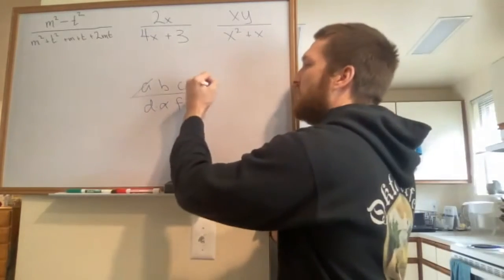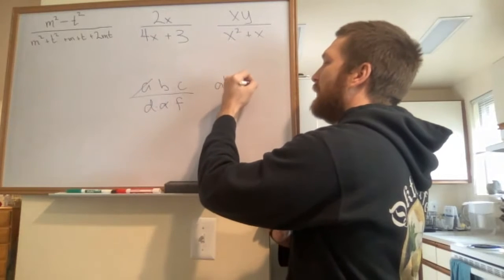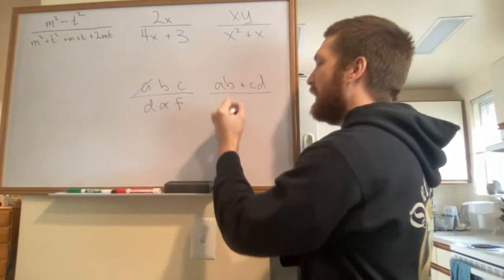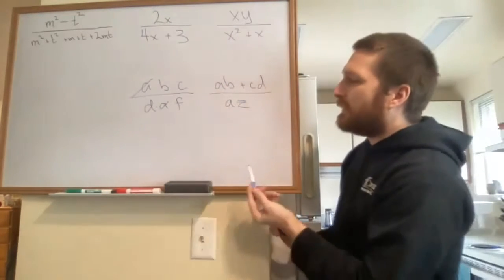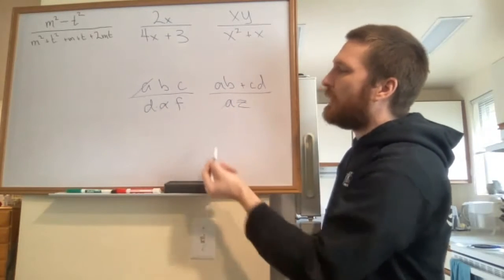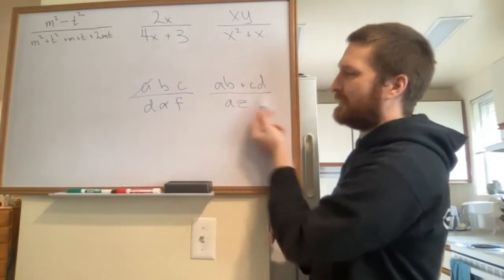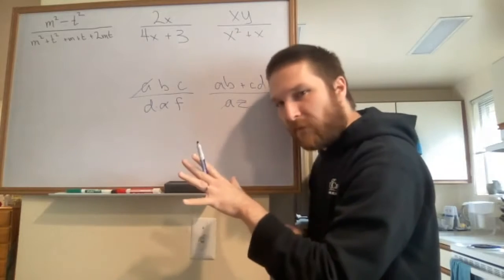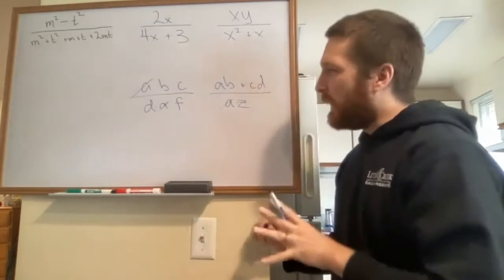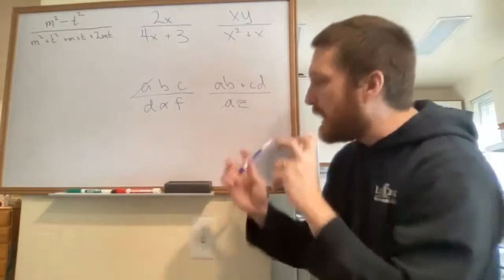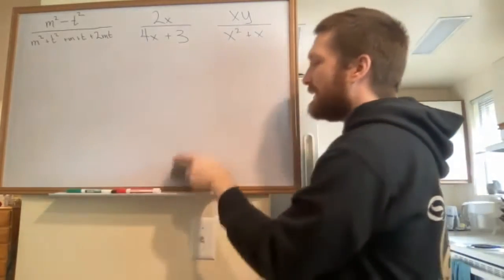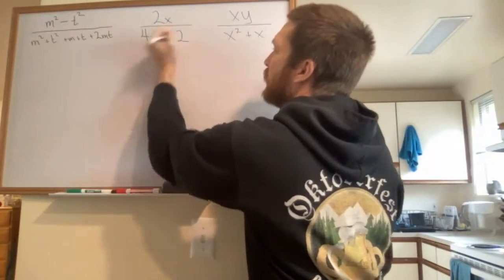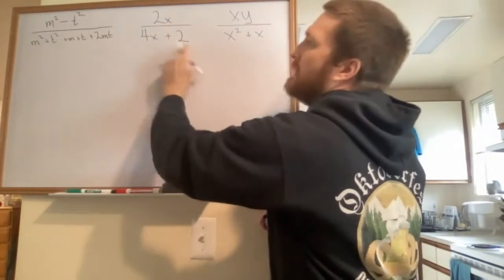You can't do that if you have something like A, B, C, D, and then an A and a Z. You can't cancel this A because it's not in both of these. I'm probably telling you something you're very familiar with, but I want to make the point: in order to cancel something, that thing has to show up in every one of the terms in a sum or difference.